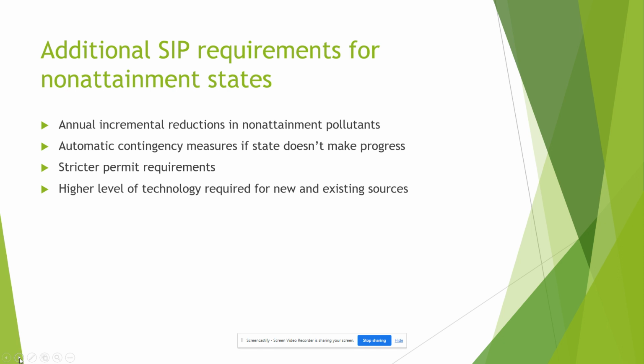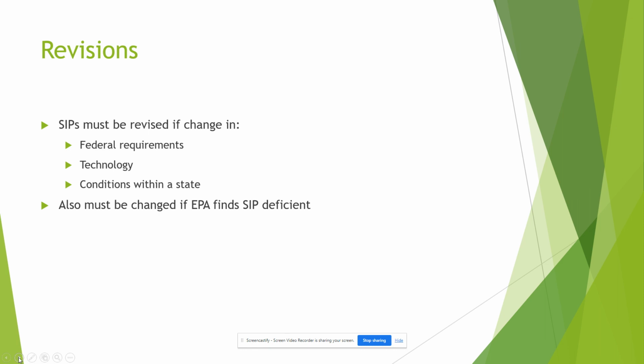Maybe I want to open up somewhere else so that I don't have to worry about these stricter permit requirements. And remember, we talked about the technology standards. So for non-attainment areas, there's a higher level of technology required for both existing sources, existing factories, and new sources, either new equipment in an existing factory or a new factory.